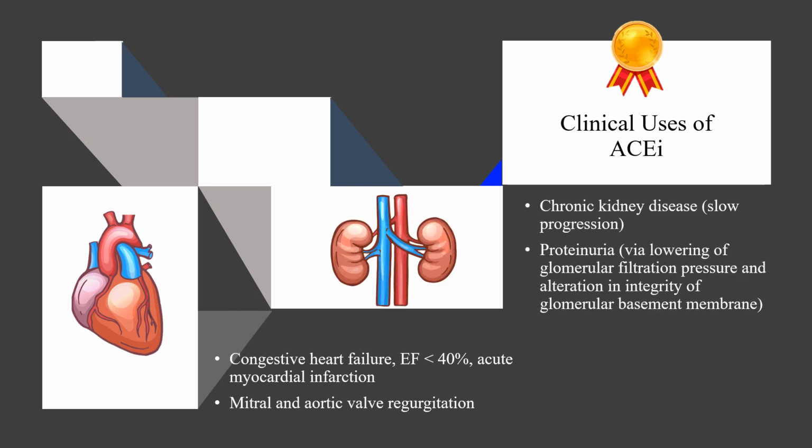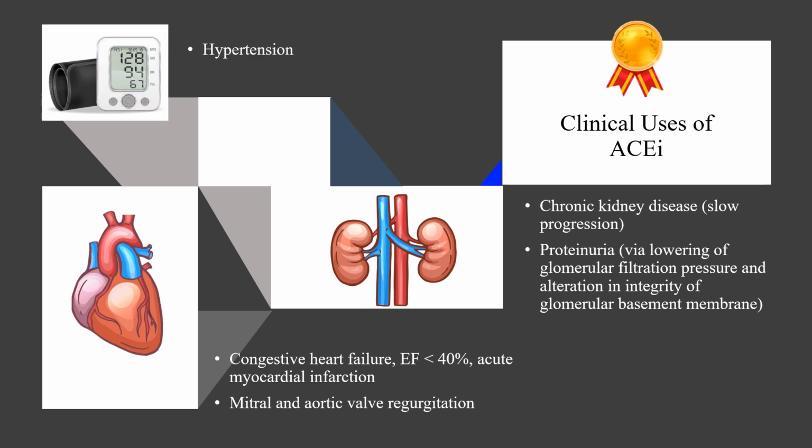ACE inhibitors are also used to reduce glomerular filtration, thereby lowering renal workload and fibrotic changes. These agents are also beneficial in lowering proteinuria via lowering of glomerular filtration pressure and alterations in the integrity of the glomerular basement membrane. They are also commonly used to treat hypertension and secondary stroke prevention.